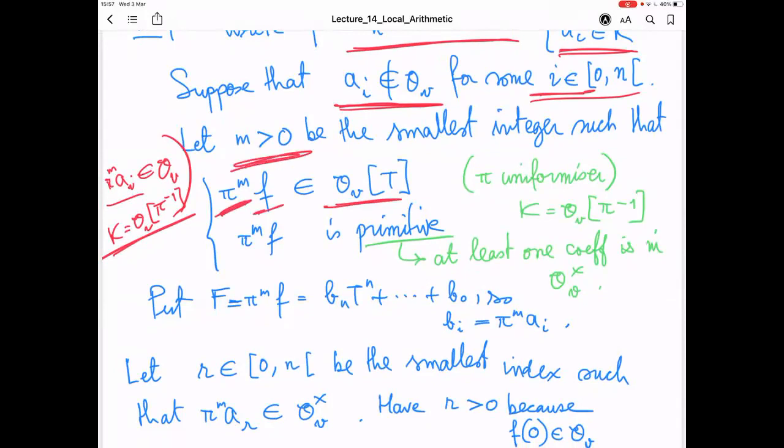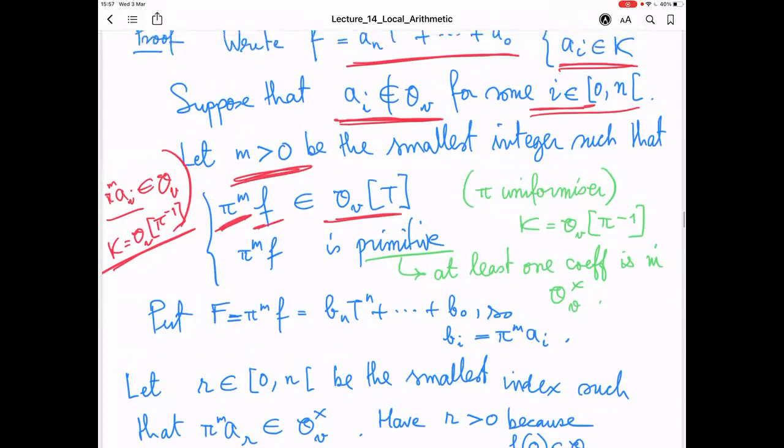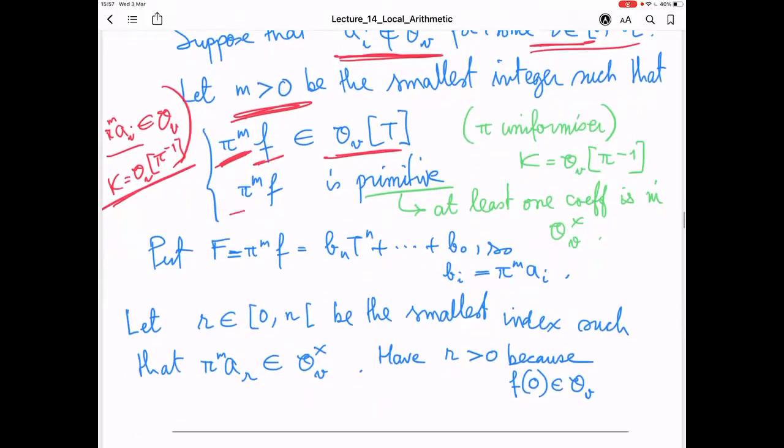But I want m to be just right in the sense that I want pi to the m times f to be a primitive polynomial, which means that at least one of the coefficients should be a unit. I don't want to multiply by a very, very high power of pi such that all coefficients become divisible by pi.